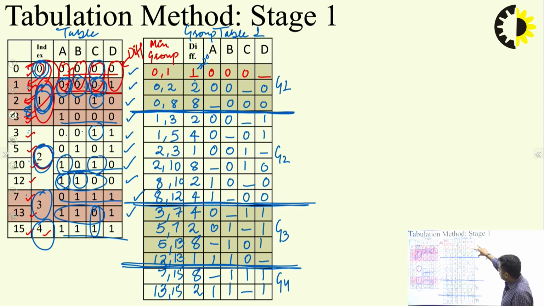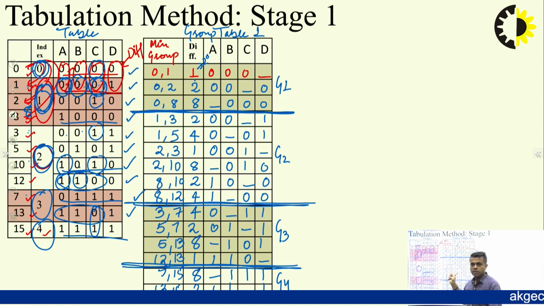Min-term groups from G1 will be compared with min-term groups from G2, and again we will make a group if those min-term groups differ by 1 bit only. That same parameter which was used to write the first stage table from the initially provided data, that whichever min-terms are grouped, they should differ by only 1 bit, again this rule is valid for this next higher grouping. So let's proceed further.